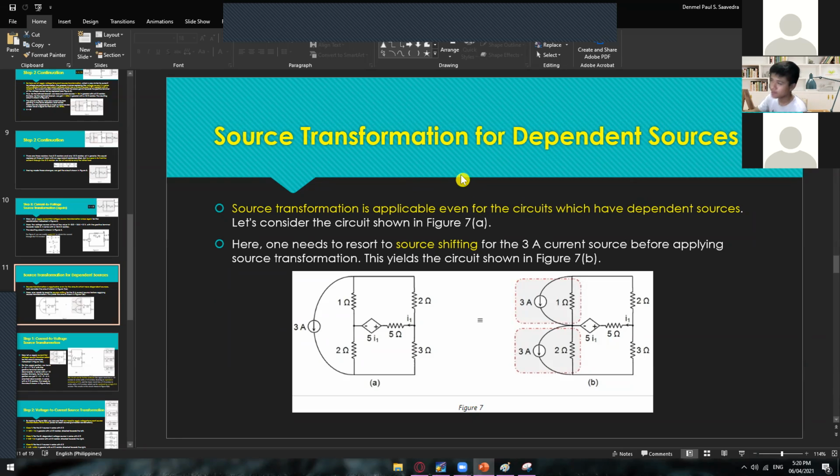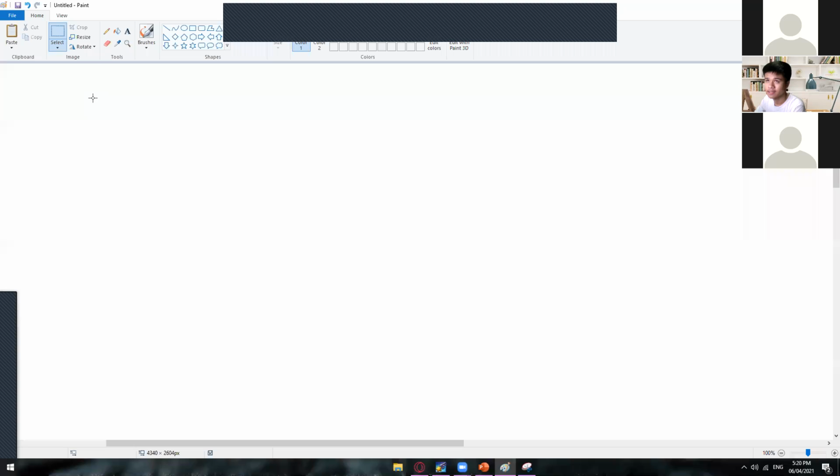Anyway, let's have another example, but now with the use of dependent sources. How will you know if a source is independent or dependent? If it's independent, it's always represented by a circle diagram.